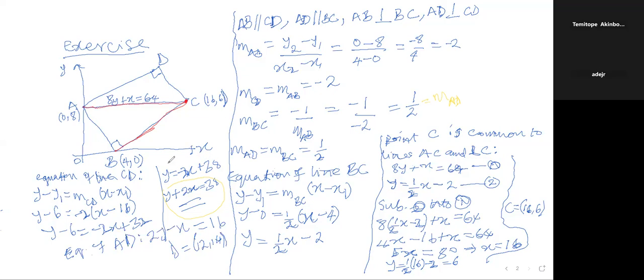So hope you understand the logic now. Anytime you have a diagram given like this, you can see we have used all the knowledge we have treated so far, especially the knowledge of gradient. So let's move on to another subheading.